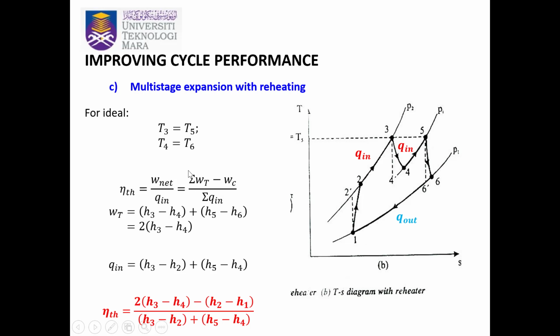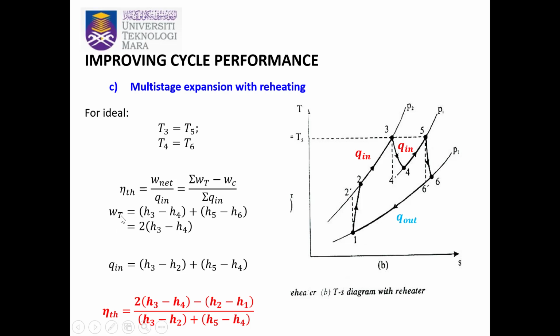Since we have two types of turbine, we sum up all the work from the turbines: the work from process 3 to 4 and 5 to 6. We have a single compressor, and then we have two Q in, so we write the sum of Q in.